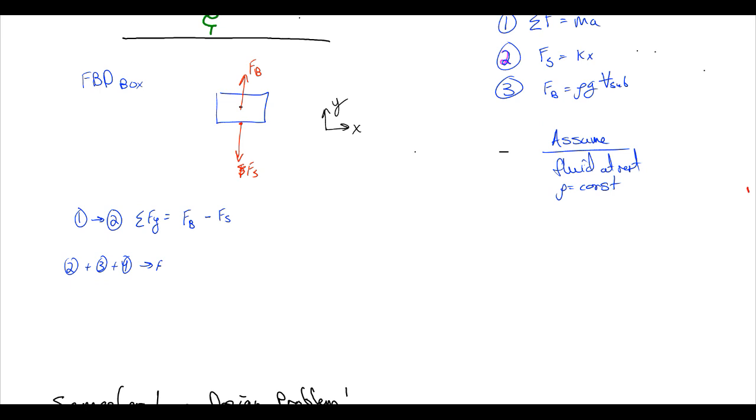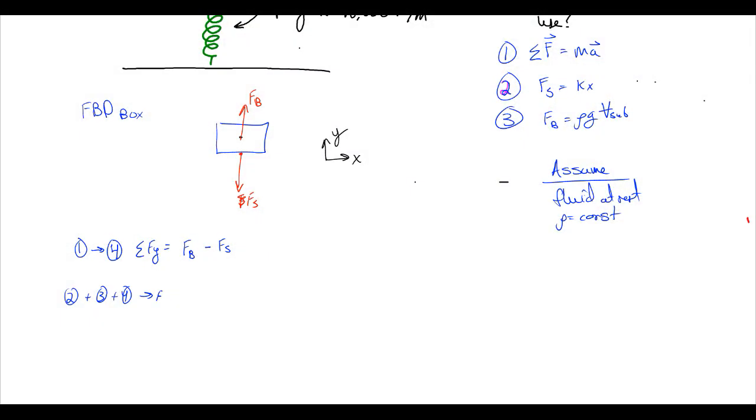That gives us 0 equals buoyant force, which we can plug in, rho g V submerged, minus our spring force, because that's in the negative direction, which is equal to minus kx.